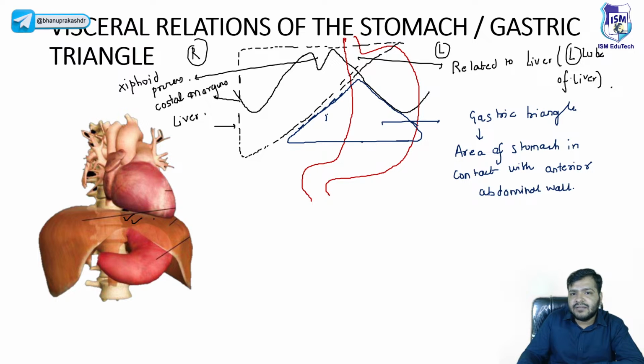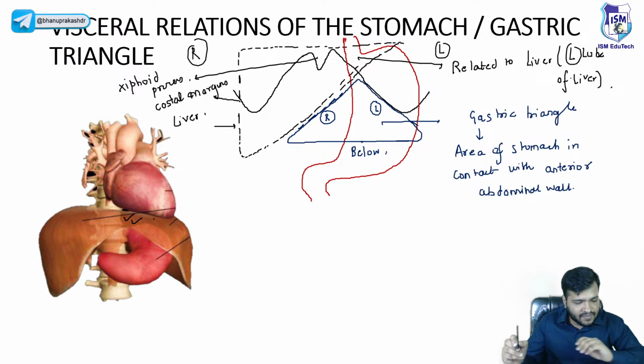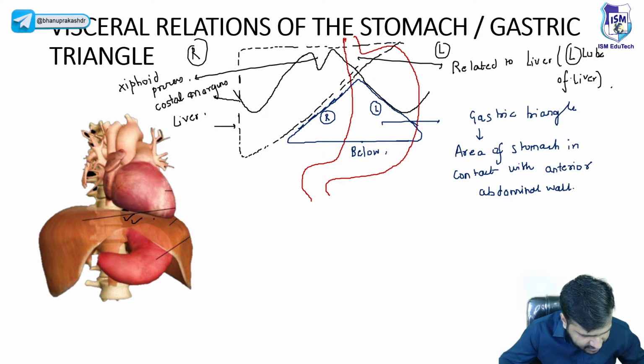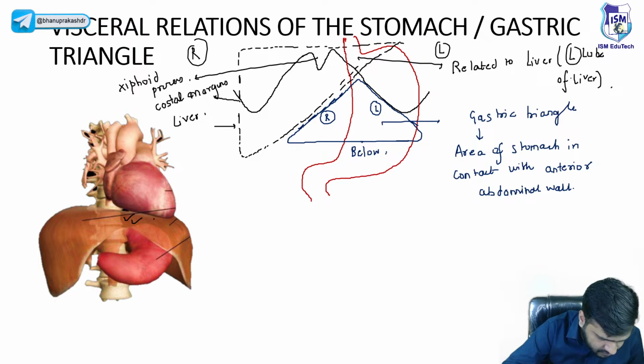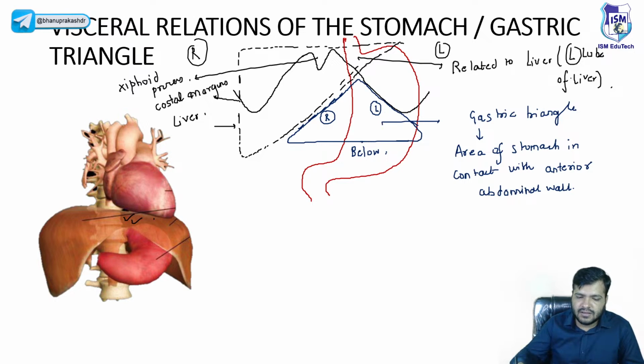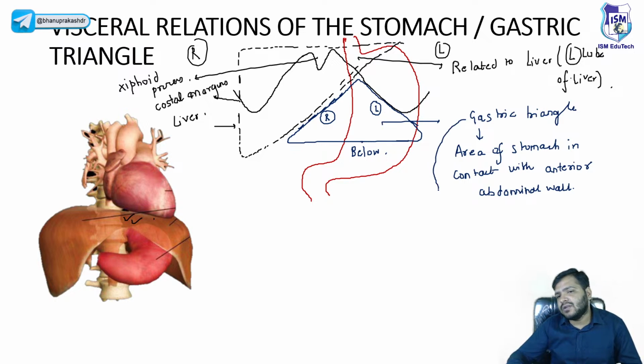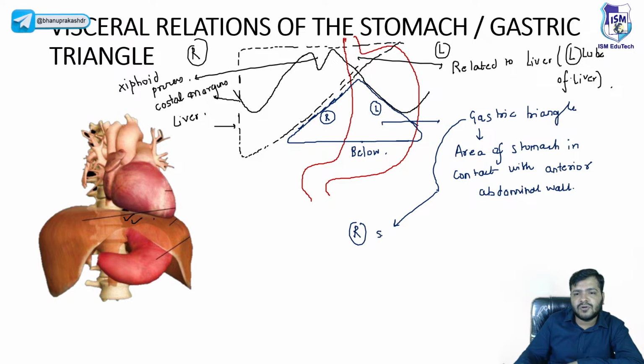Now, can anyone tell me? We have the right side of the gastric triangle, the left side of the gastric triangle, and the below surface. So everyone in the chat box will tell me the right side is made from which part, the left side is made from which part, and the below part is made from which part. इनकी boundaries बता दो, जल्दी से बताओ chat box में.